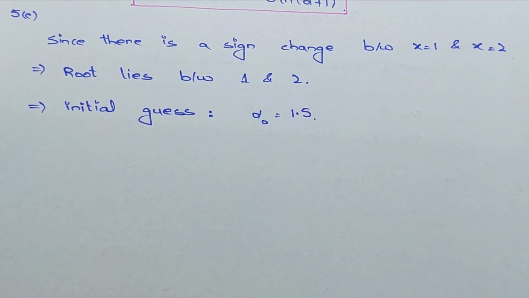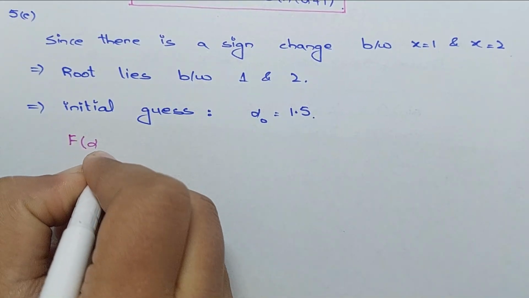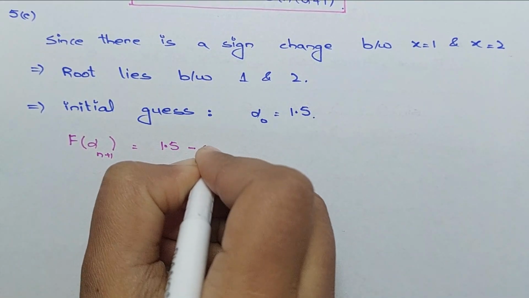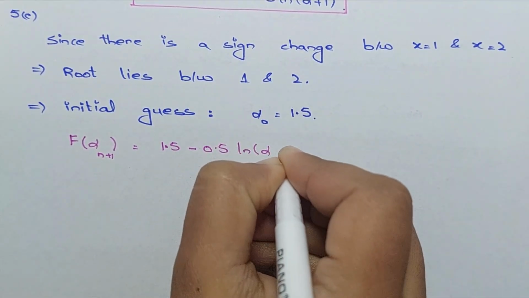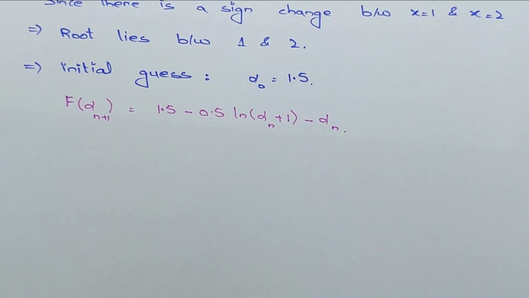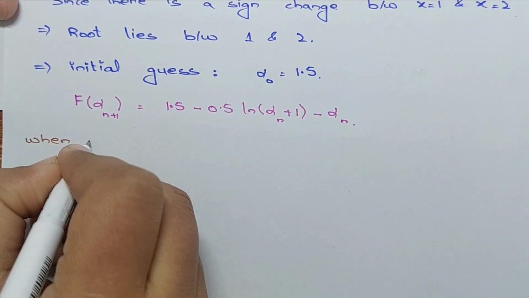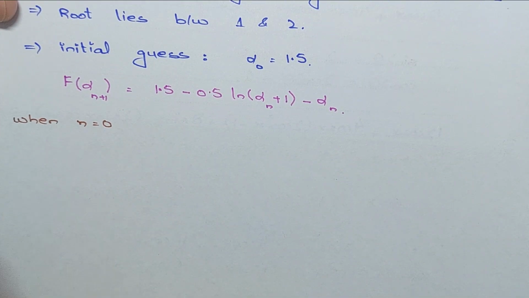Now use the iterative formula. The iterative formula was f of alpha subscript n plus 1 equals 1.5 minus 0.5 ln of (alpha n plus 1) minus alpha n. Now use the initial guess. When n is equal to 0, what is your solution?